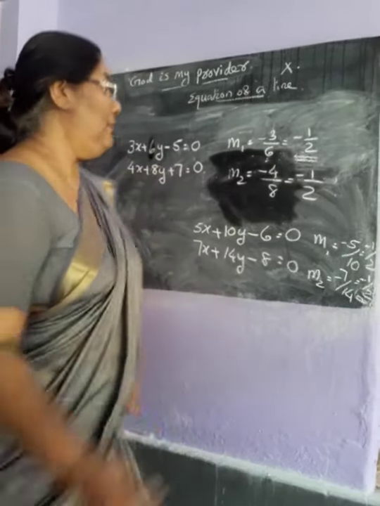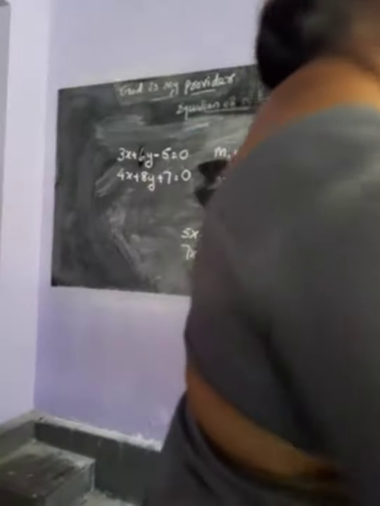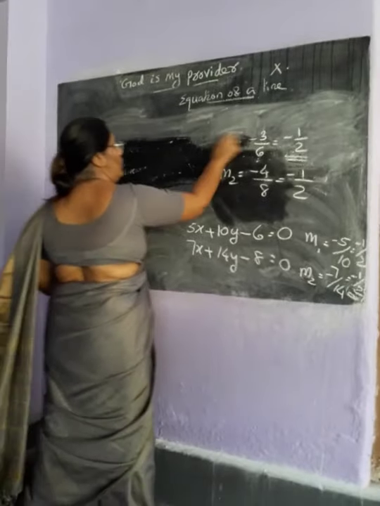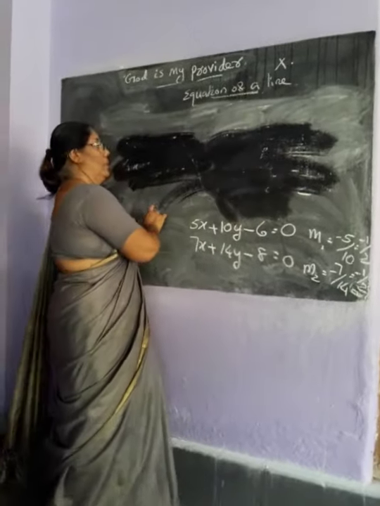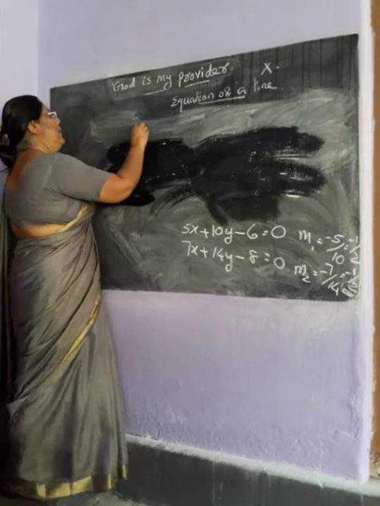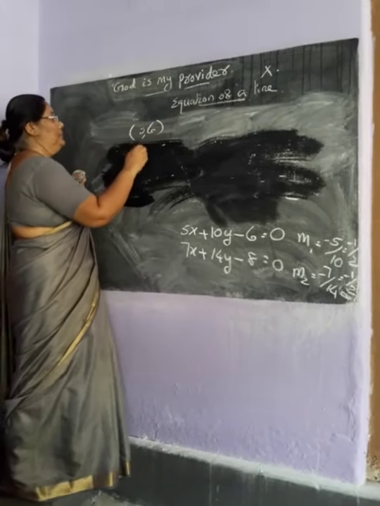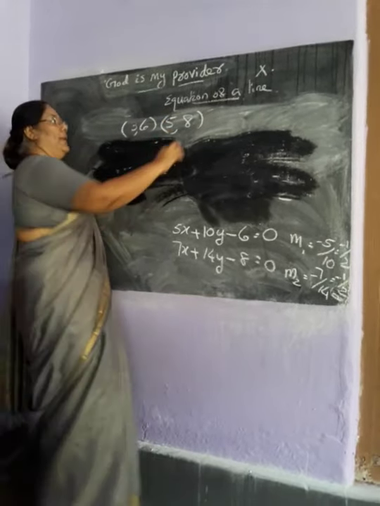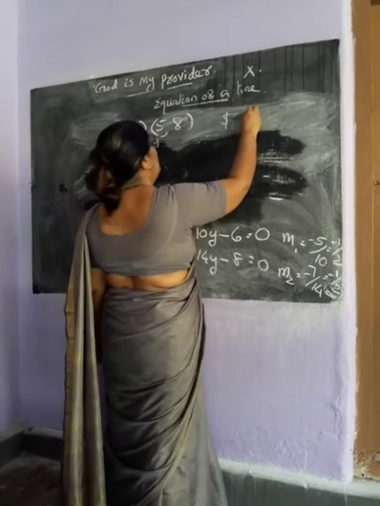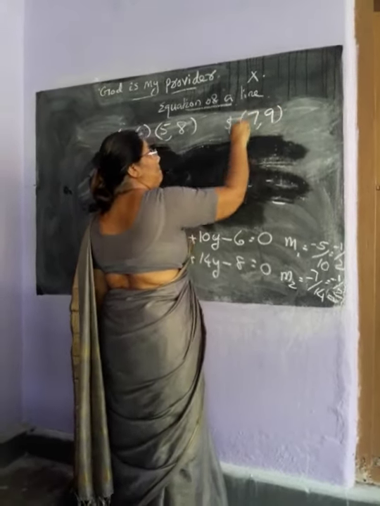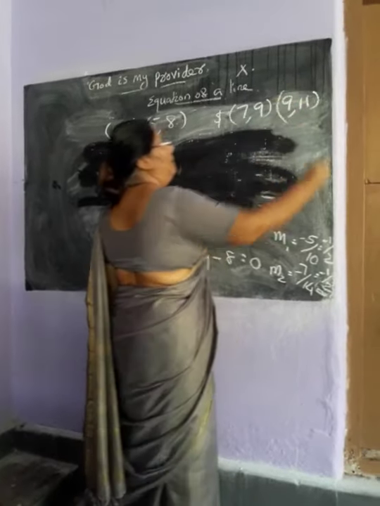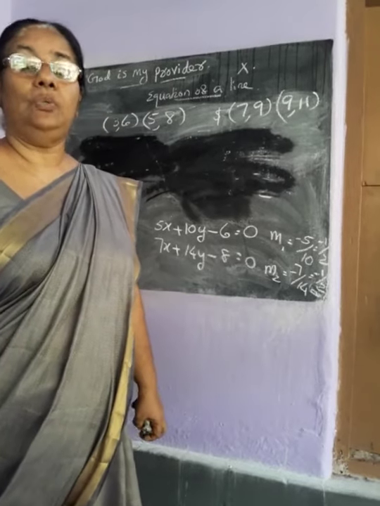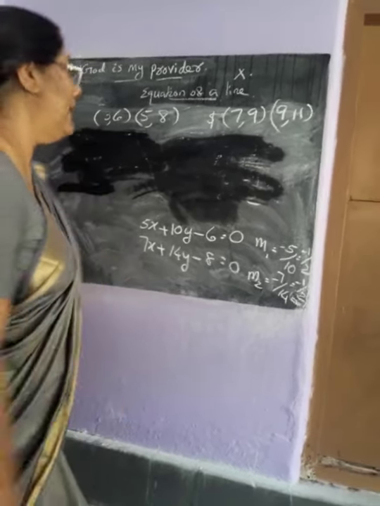Then how to write the slope if two points are given? To prove that the points (3, 6), (5, 8) and (7, 9), (9, 11) form two parallel straight lines, how can you check that?